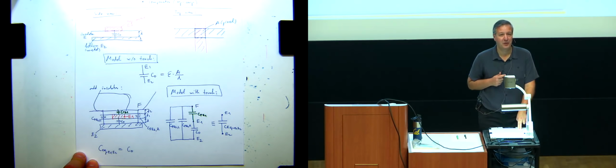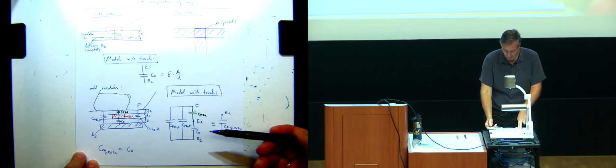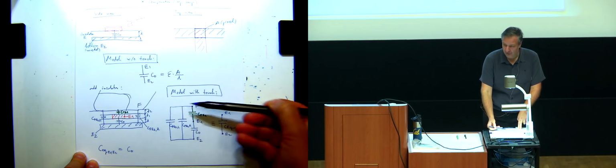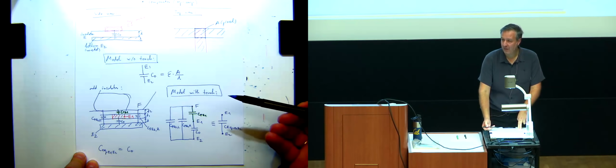Okay, how many people share that opinion? How many don't share that opinion? Okay, can you say why? Okay, so you're saying it looks actually like C0 is in parallel with whatever is up here, right?